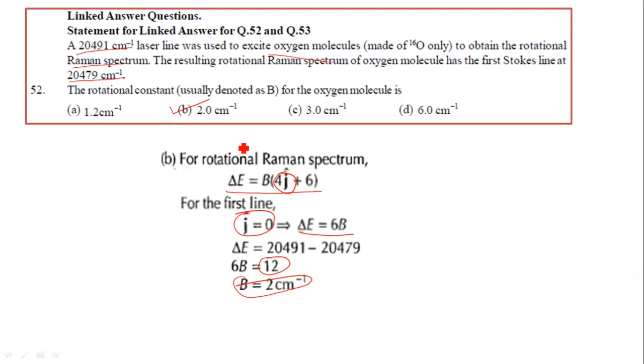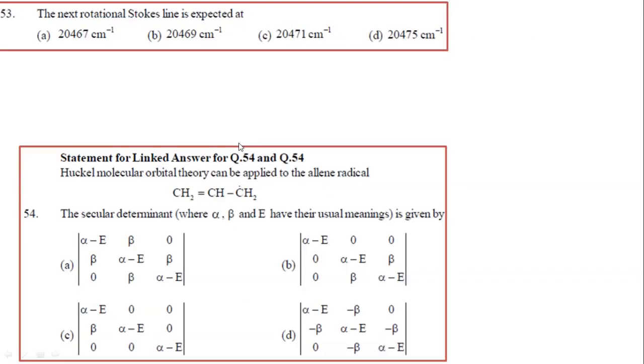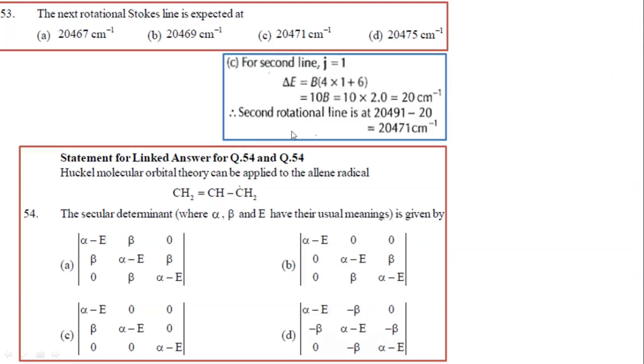Next they are asking about the second Stokes line. What will be the answer for the second Stokes line? For the second line, J equal to 1. For the first line, J equal to 0. For the second line, J equal to 1. Delta E equal to B into 4 into 1 plus 6. That is 10B.